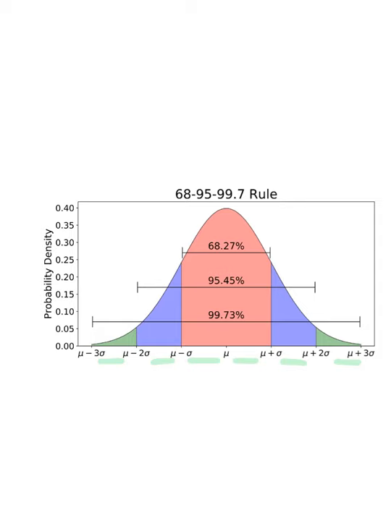However, if it is more than 3 standard deviations from zero, then it will be skewed to the left. If it is less than 3 standard deviations from zero, then it will be skewed towards the right.